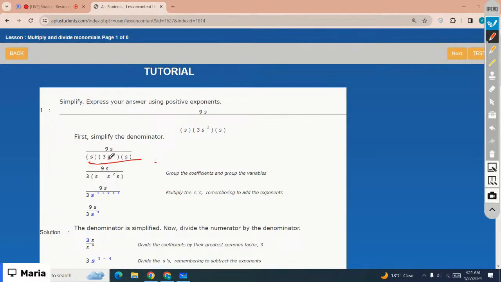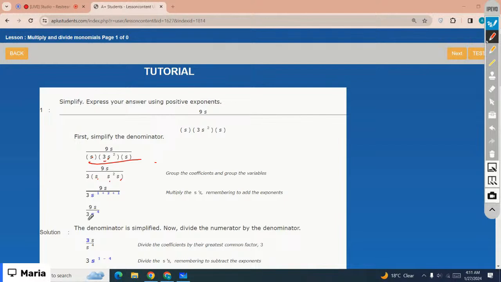We know that when we have the same variable with different exponents, you can add all the exponents. So 3 is here, you have s square and s in the denominator. Just collect them. That would be 1, 2, 3, 4.